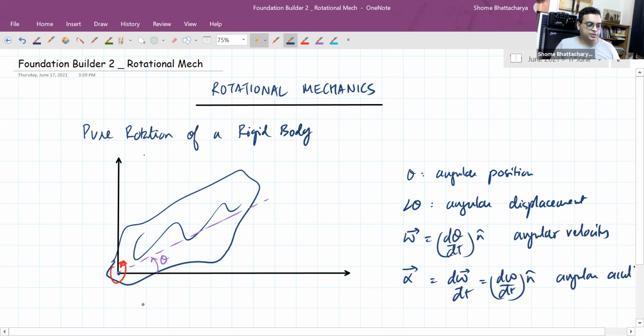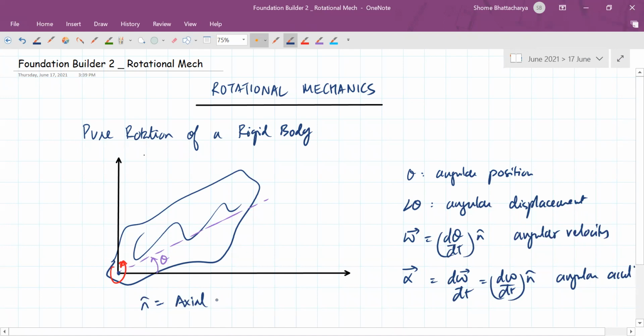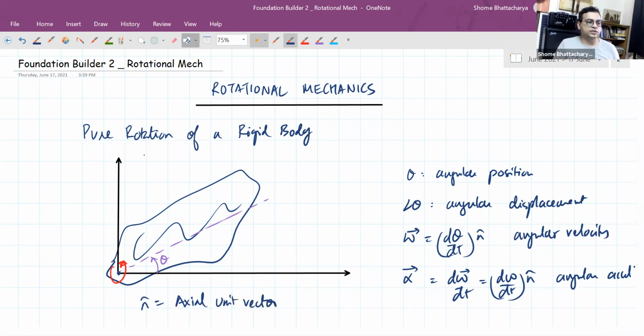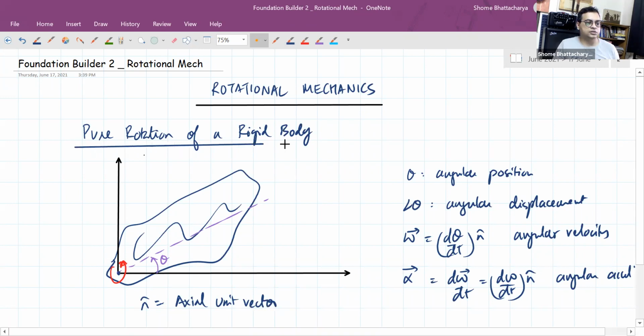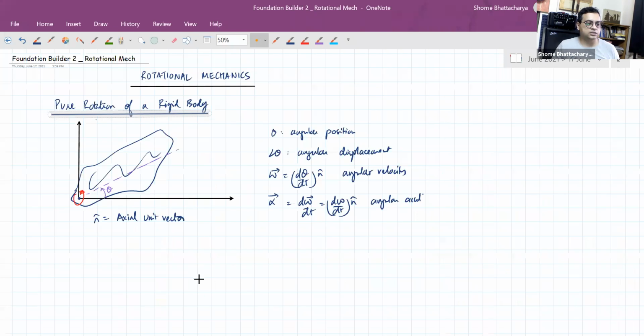Where n cap is what we call the axial unit vector. And once we had understood the definitions of these terms, next thing which is important is the individual velocity and acceleration of any particle within the rigid body.